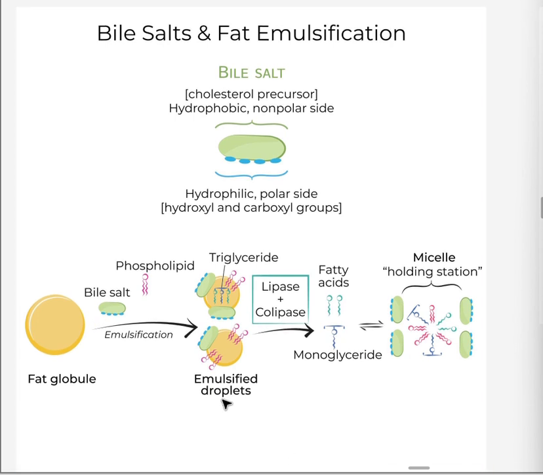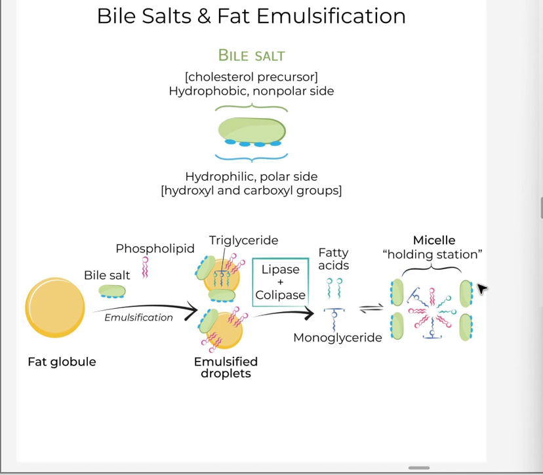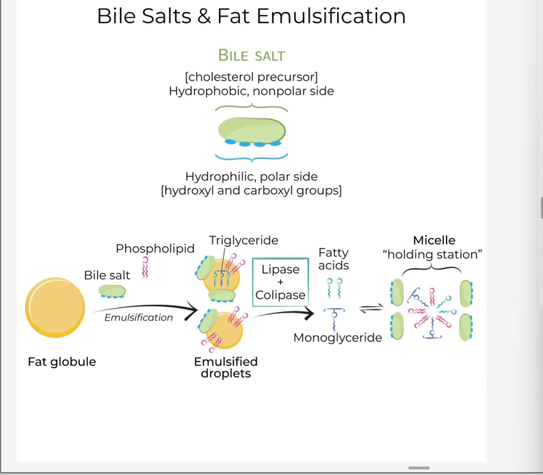So why is this important? It's important because pancreatic enzymes like lipase only work on the surface. So you need micelles, these holding stations, so that pancreatic enzymes like lipase can work faster. After emulsification, pancreatic lipase breaks the triglycerides down into fatty acids and monoglycerides, which form the micelles. These micelles are then absorbed in the small intestine.